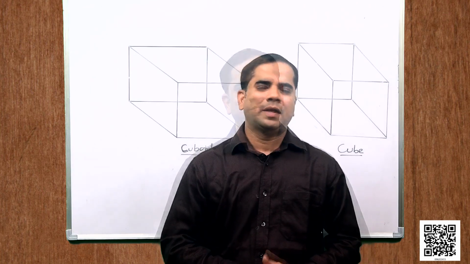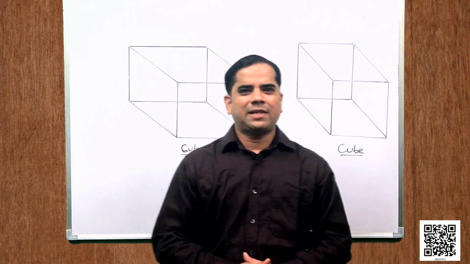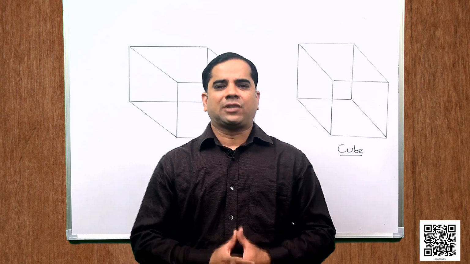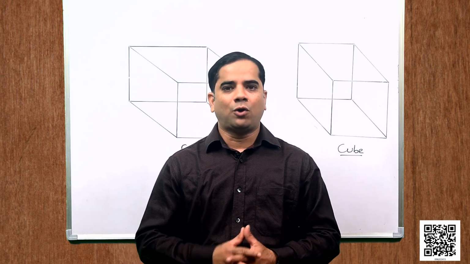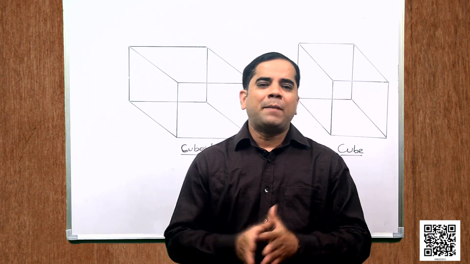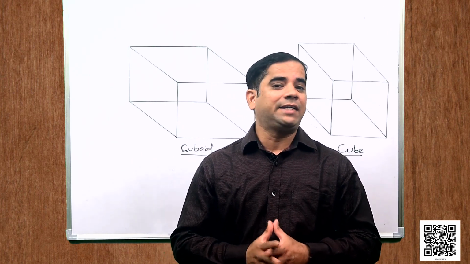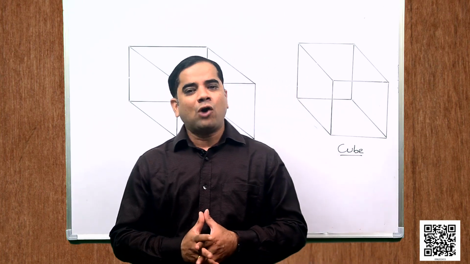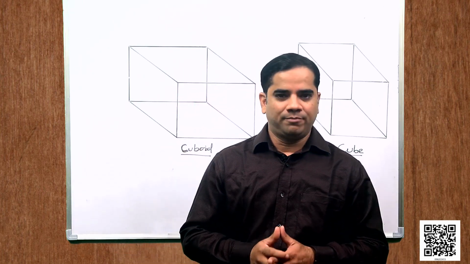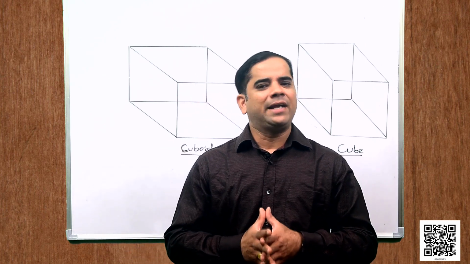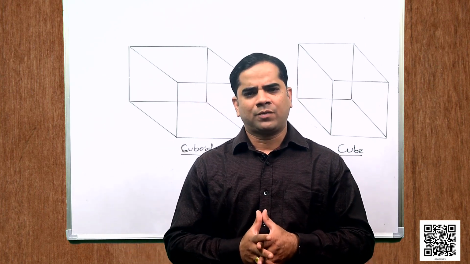Okay? Students, as I have told, a three-dimensional surface like your cuboid and cube is made up of plane surfaces. You are given an activity in your book on how to make a cuboid, so you can follow the instructions and make it by yourselves using cardboard.